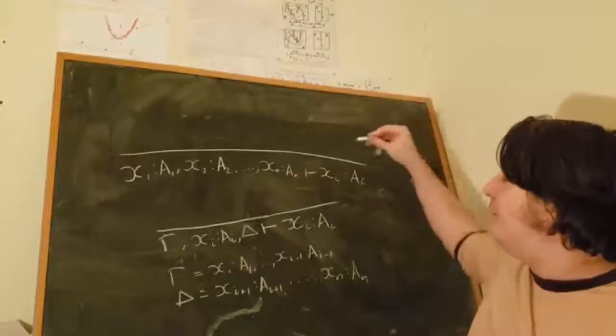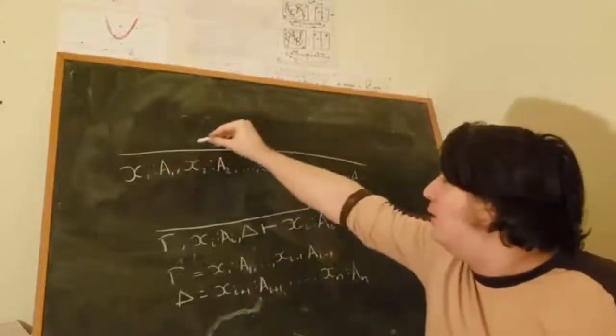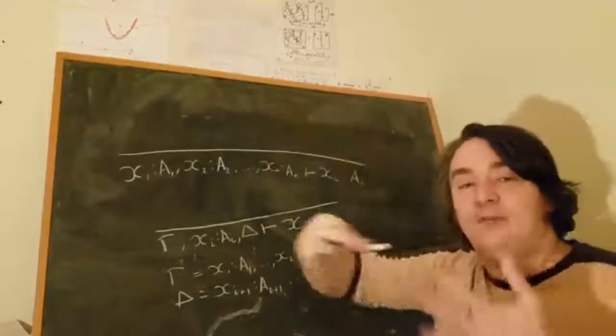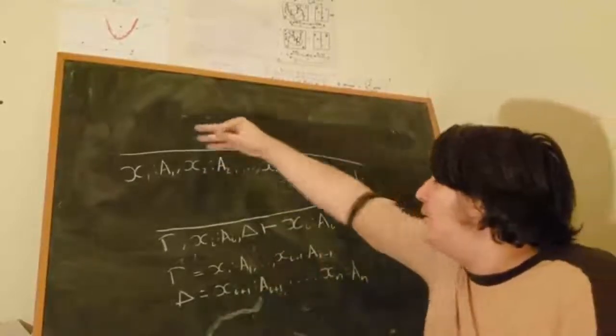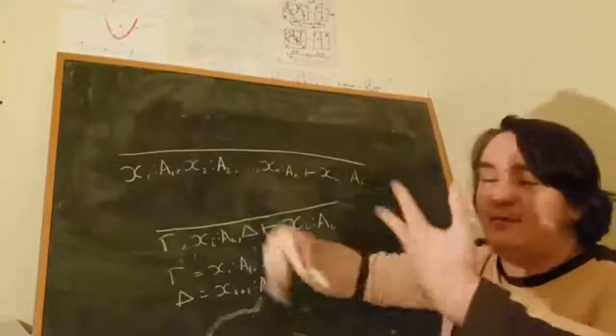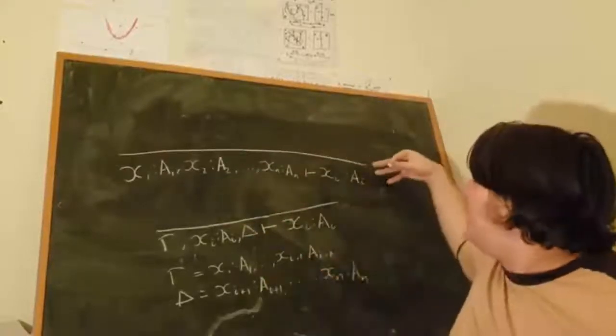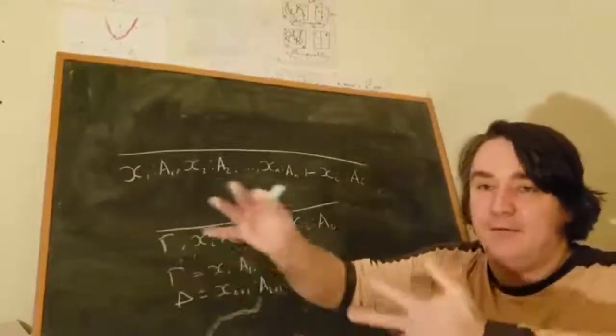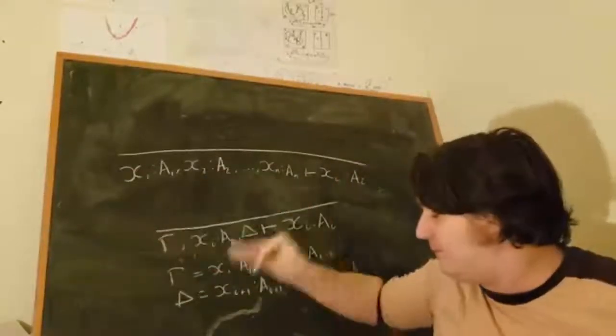And the reason why we're putting this rule underneath a horizontal line with nothing above it is to emphasize that we don't need any assumptions in order for this to be true. We always have this situation where a context entails any particular type declaration within it.